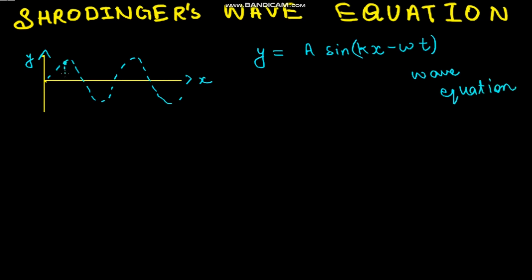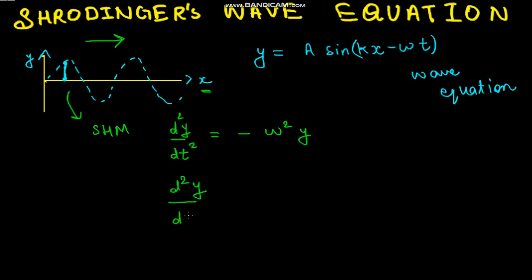In a more general way, a particle which performs SHM in the wave can be represented in the form of two equations. First is the second differential of y with time, and as the wave will move in the medium, the x is also going to vary.